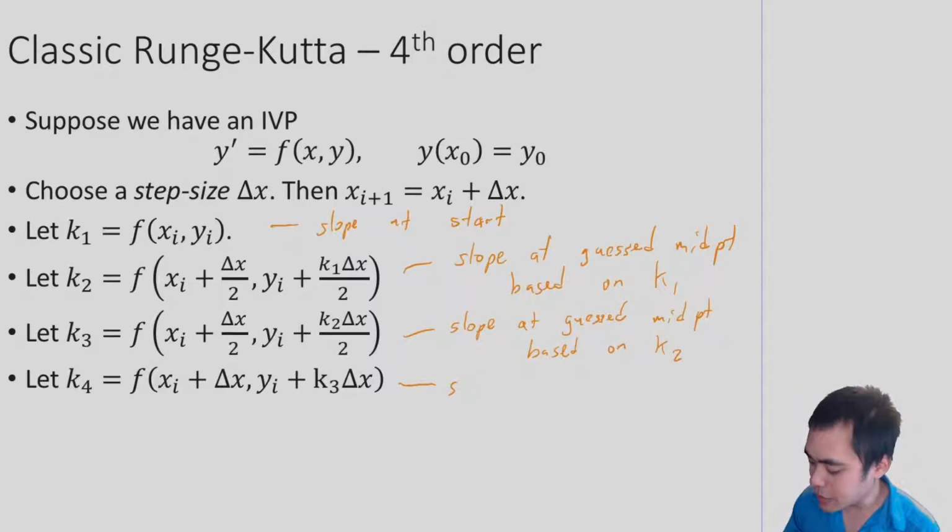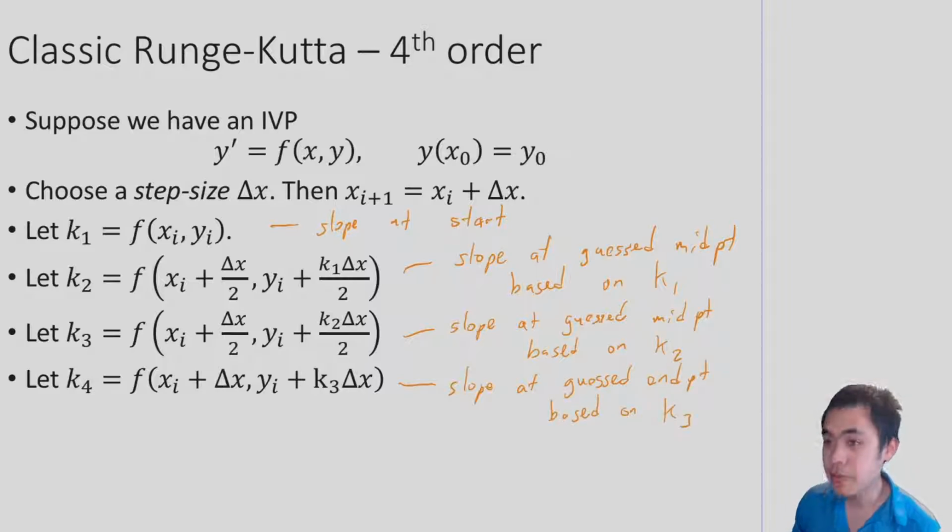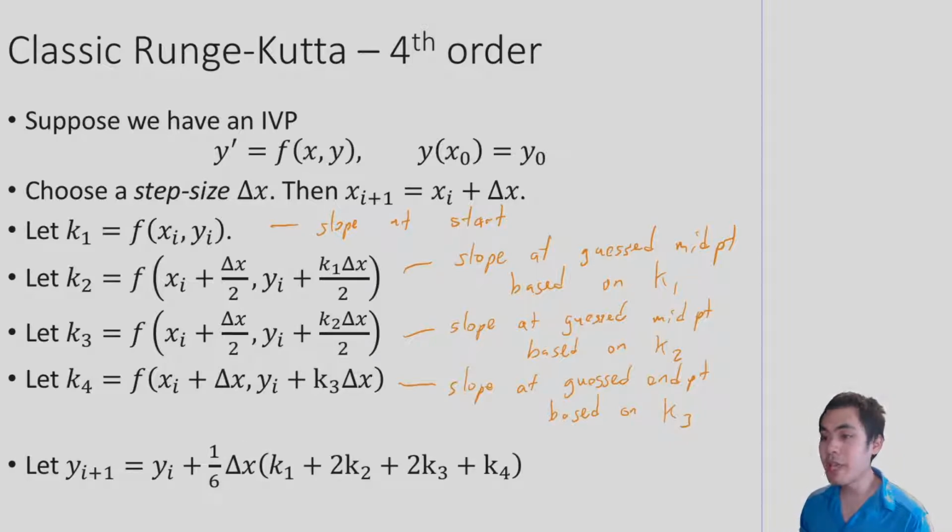So k4 is the slope at the guessed endpoint based on k3. And then once we have all these things together, we're going to now take a weighted average of all four slopes and use that to predict the final endpoint.